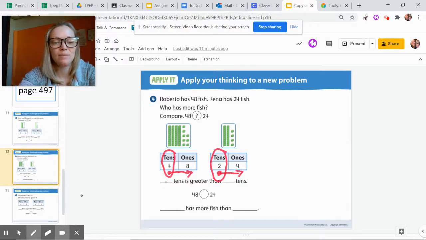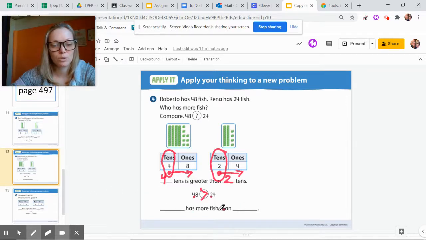You should have 4 tens is greater than 2 tens. So we don't have to move on to the ones because we can tell that 40 is bigger than 20. Down here, this tells me that 48, because it has 4 tens, is greater than the number 24.